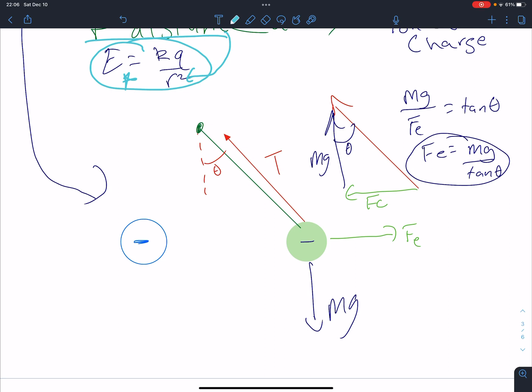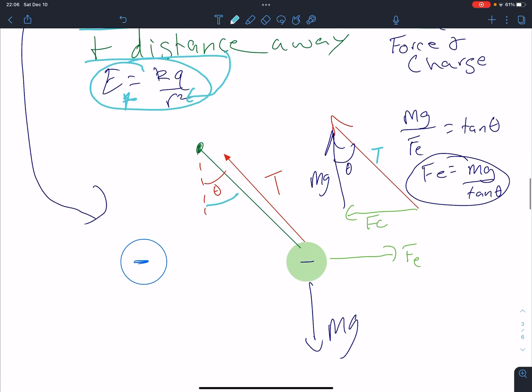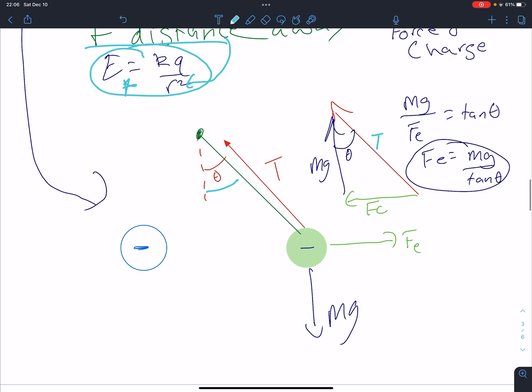All right, I gave you an angle here. So what you can do is set up this triangle where you have tension on the red line. The tension's the red line, mg is the purple, and F_E is the green line. Because the tension has to cancel out mg, that's why this is mg, and it has to cancel out F_E, that's why this is F_E.